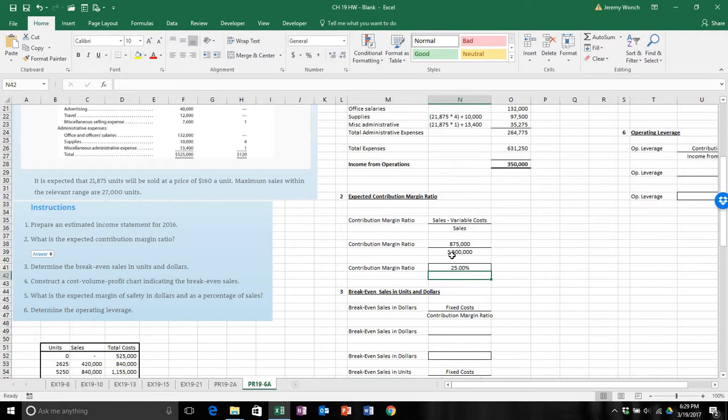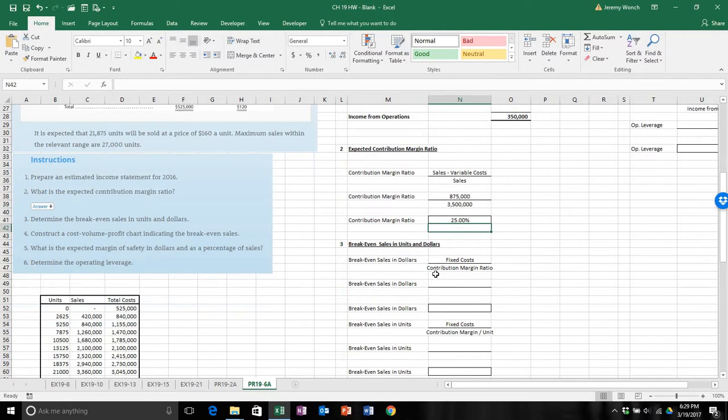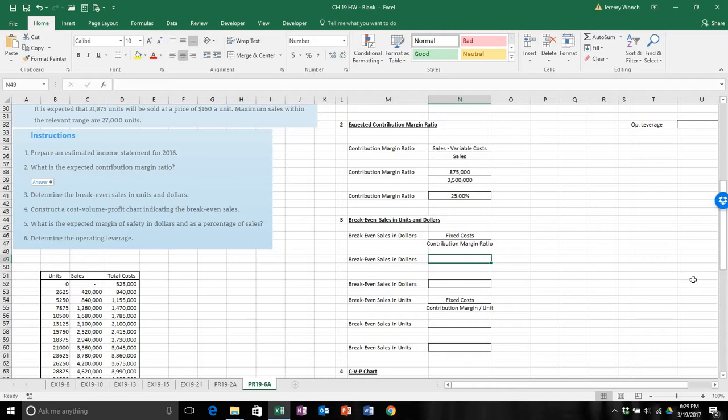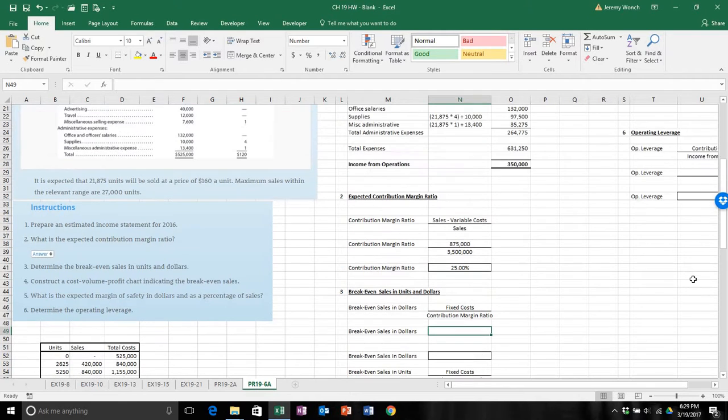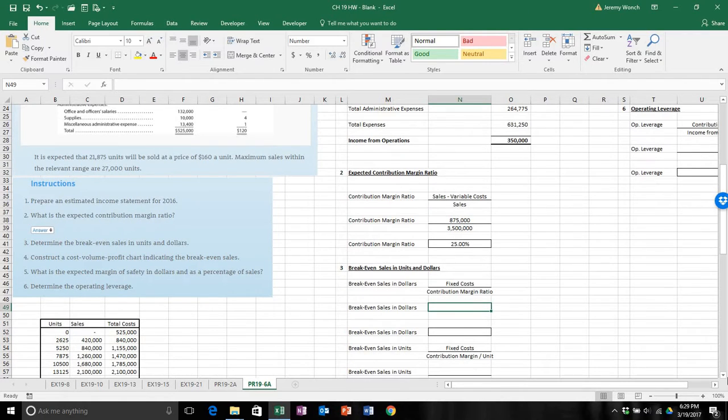All right, so number 3. Now we want to determine the break even, both in dollars and units. So take our fixed cost, which they give to us at 525, and divide that by our contribution margin ratio, which we already calculated.